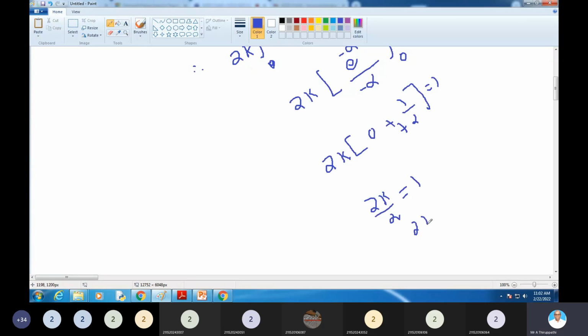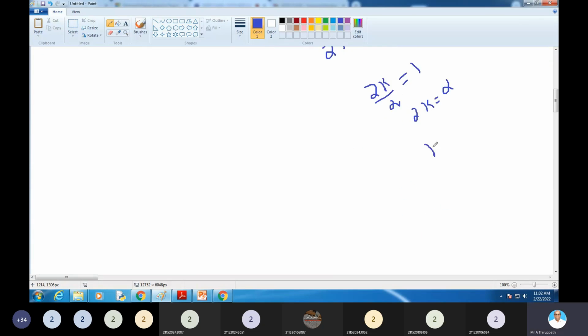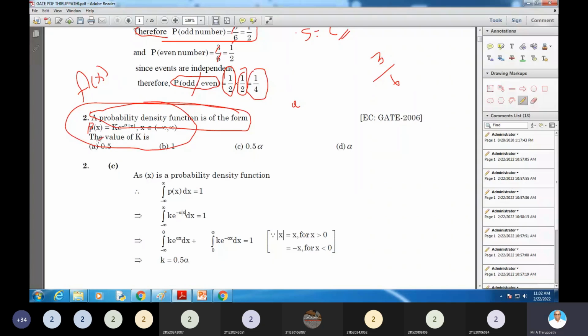So 2k is equal to alpha, so k is equal to alpha by 2. Now read the options: 0, 0.5 alpha, 1.5 alpha. 1 by 2 is nothing but 0.5, so k equals 0.5 alpha. Therefore option C is the correct answer.